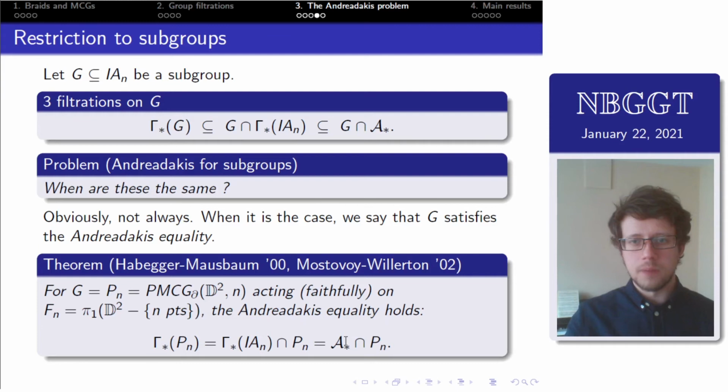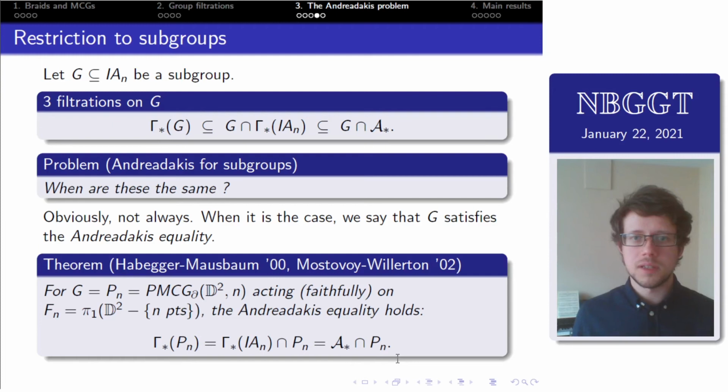So this theorem, I gave a direct proof in my thesis, but it could be obtained from these two papers. Habegger and Masbaum showed that Milnor invariants, which are encoding this restriction of the Andreadakis filtration, were universal finite type invariants.